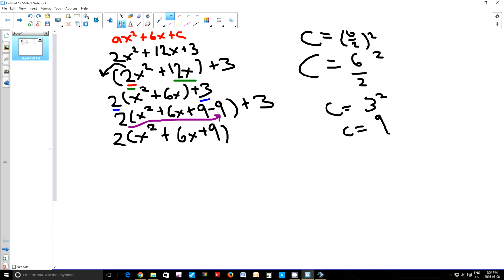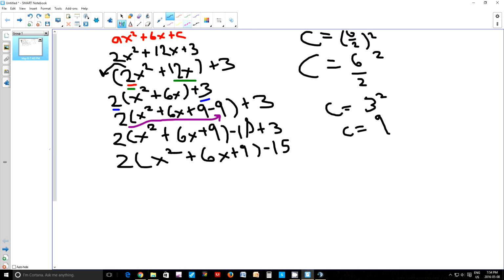Close the bracket over here, add the negative 18 to the end with the positive 3. This part's easy, just add these two terms together. Plus 6x plus 9. Negative 18 plus 3 is negative 15.